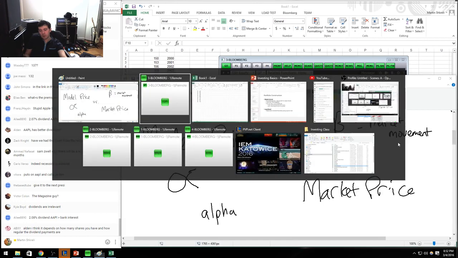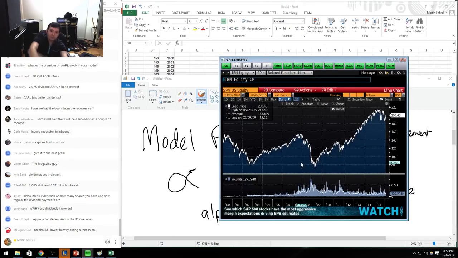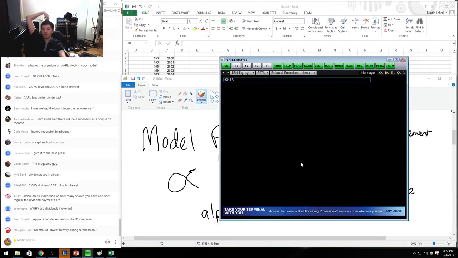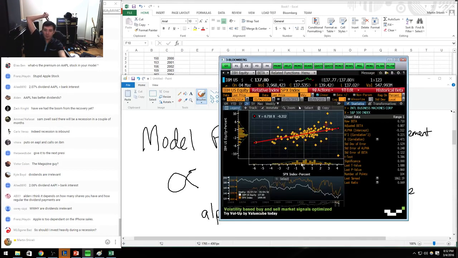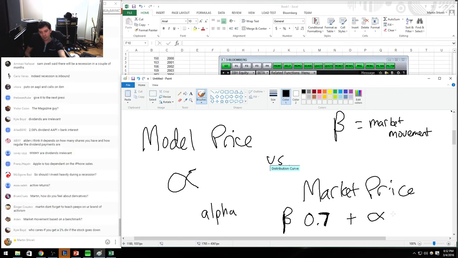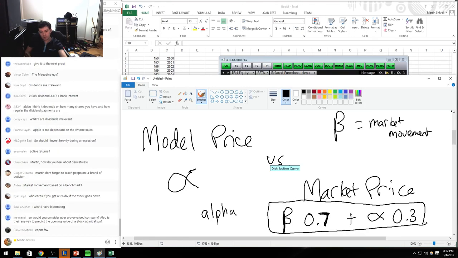So when stocks go up, like in the S&P 500, all stocks tend to go up. And you can see IBM actually has a certain beta. It's a coefficient. Its beta is actually 0.7. That means 70% of IBM stock movement is related to the stock market movement, whereas only 30% is related to IBM-specific things. That's why the market is so important.